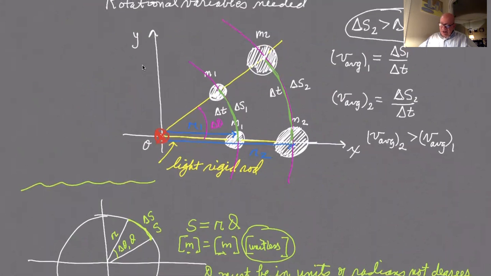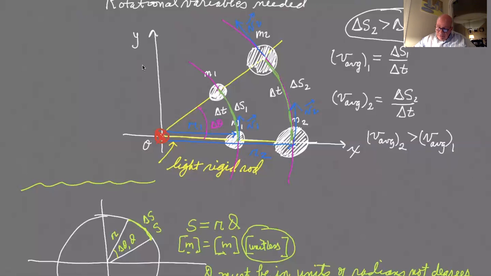Now, while I have this diagram here, I want you to very much appreciate that the velocity, which we know is tangential to the object's motion, okay? Here's V2.